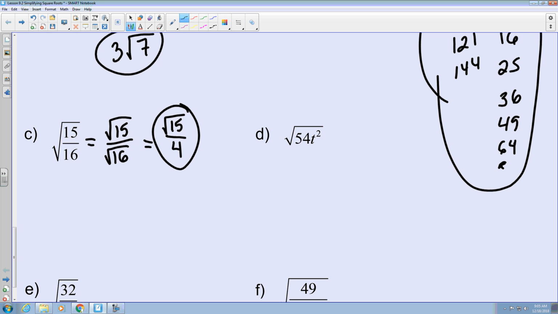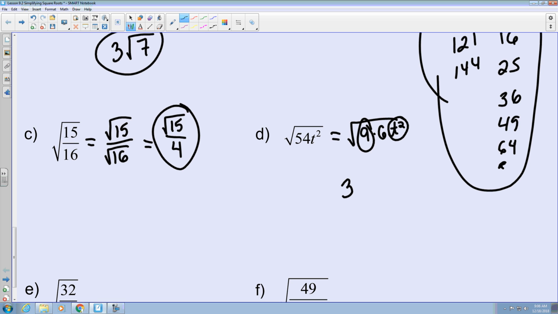I look at the square root of 54. The square root of 54 can be written as the product of 9 times 6, and I have the t squared here. Now, there are two terms that can be taken out of the square root: this 9 and the t squared, because the square root of 9 is 3.